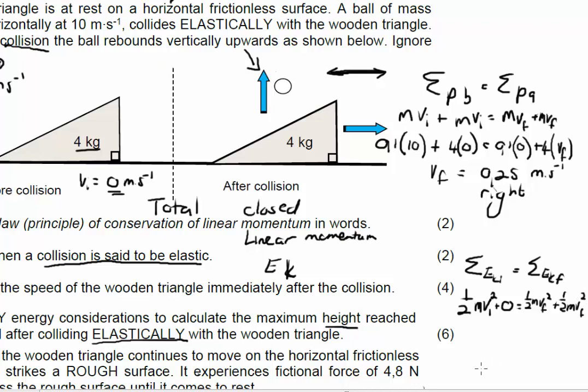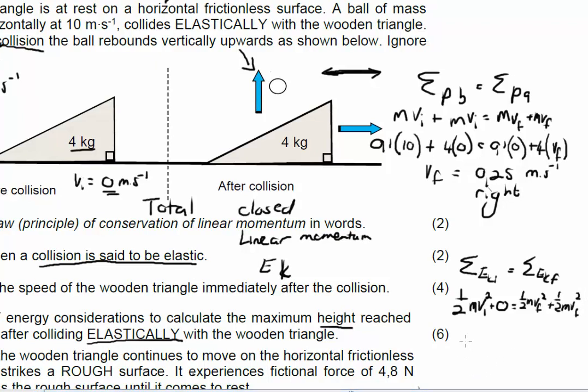Now we can go and substitute our values into this formula. For the first part, it's going to be a half times 0,1 times the initial velocity of 10 squared plus 0 is equal to a half times 0,1 times Vf squared, our unknown, plus a half times 4 times the velocity which we have calculated up here, 0,25 squared.